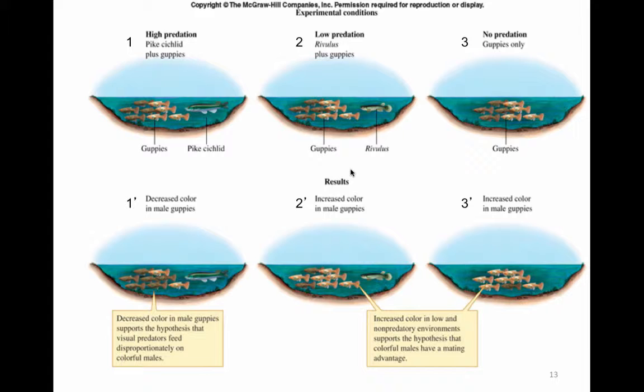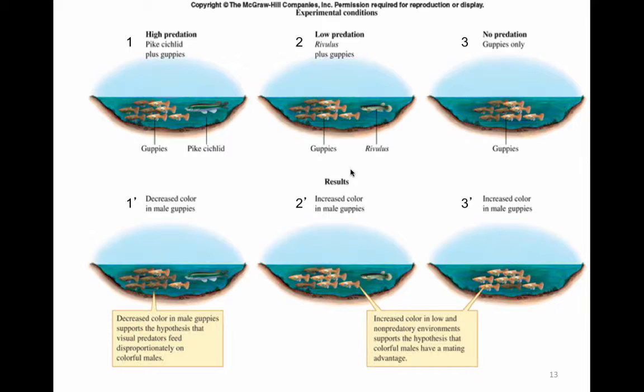Guppies are living with pike cichlid. 2. Low predation. Guppies are living with killifish. And 3. No predation. Guppies are living alone. The results of the experiments are displayed in the bottom row.